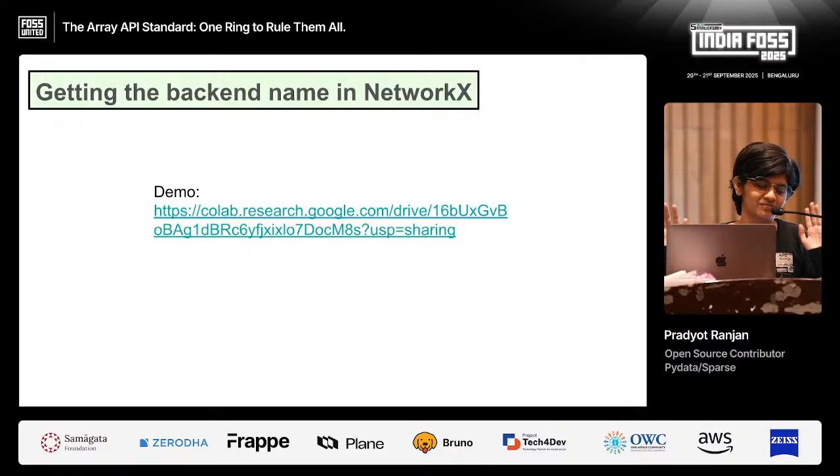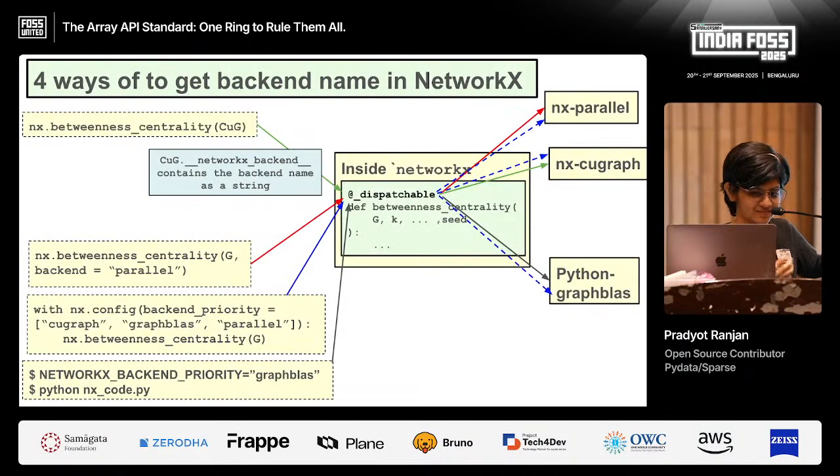With a normal NetworkX graph it takes around 80 seconds, and with cuGraph it's like 3 seconds, so it's quite fast. For the betweenness centrality algorithm, this is how we choose which backend to dispatch to. You can take this cuGraph object, and if you check the networkx backend attribute, it just contains a string called cugraph.